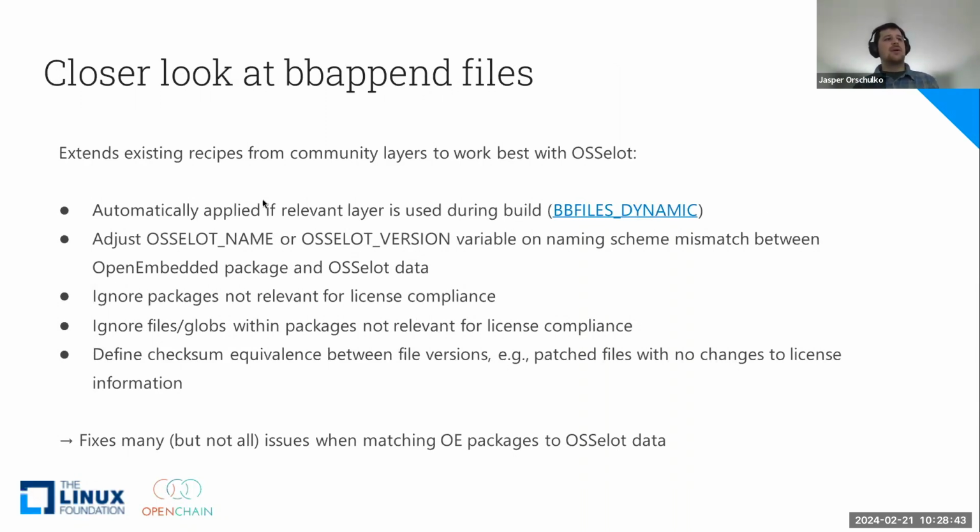So if you use meta-openembedded, for example, and there's a recipe in there where the OSSelot name doesn't match the OpenEmbedded name, we can add a BB append file for this specific layer that will redefine the OSSelot name within this recipe. Same goes with the version. We can also use that for ignoring packages that are not relevant for license compliance.